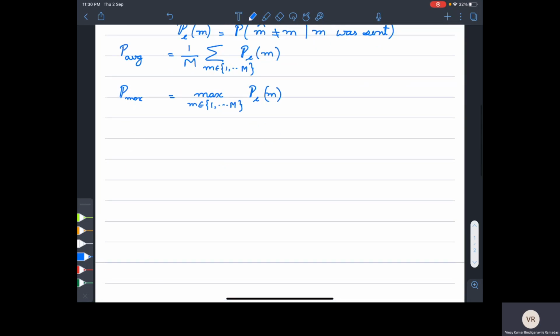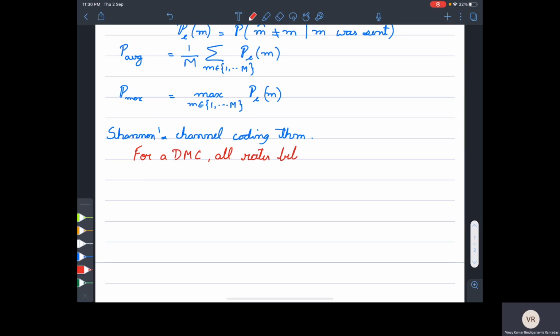In this particular scenario, what does Shannon's channel coding theorem say? It says that for a DMC, all rates below the capacity C(W) are achievable. What does this mean?